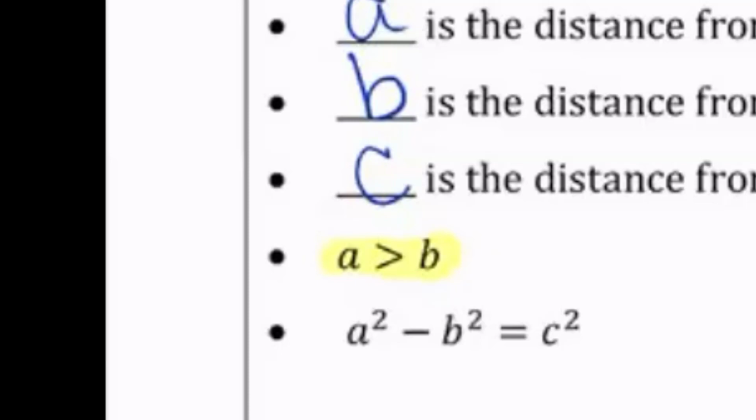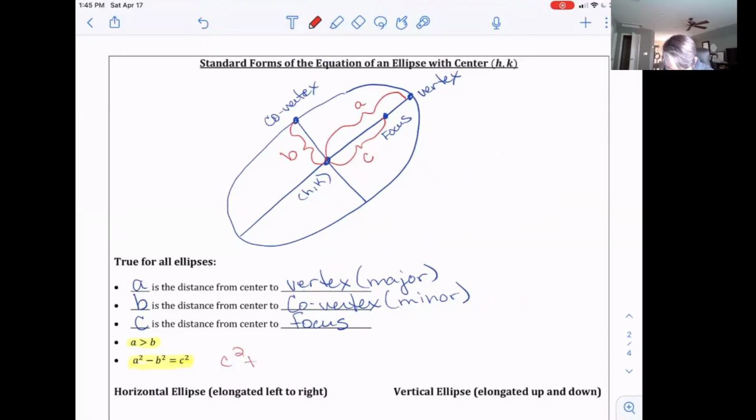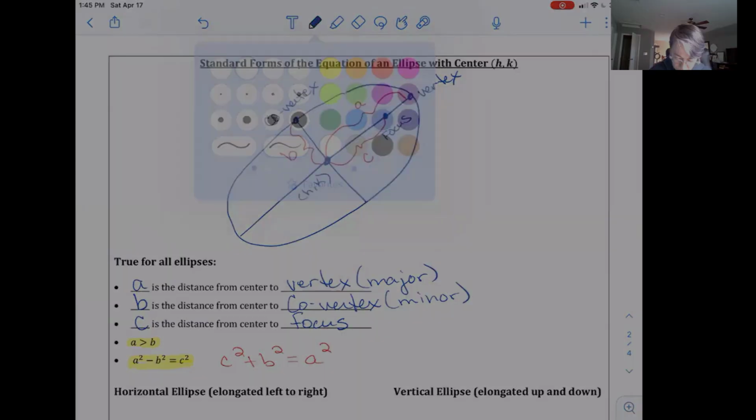But notice, unlike the Pythagorean theorem, A is the longest side. So we have A squared minus B squared equals C squared. Or if it helps and you want to keep it in addition, you could say C squared plus B squared equals A squared, whichever one is easier for you to remember.